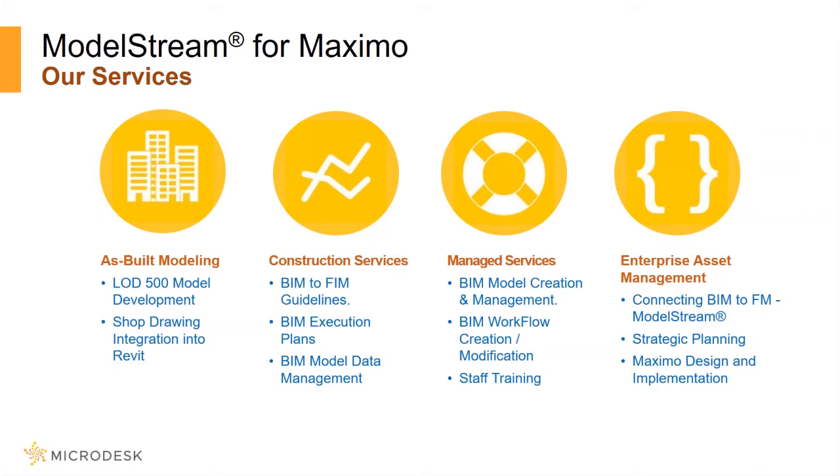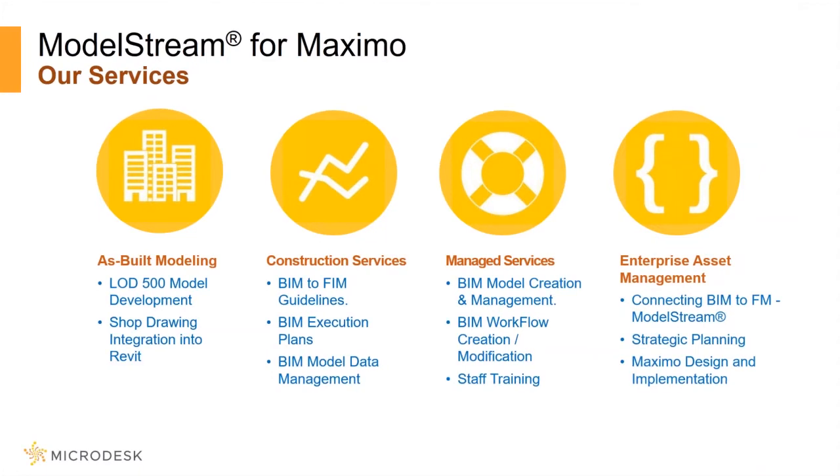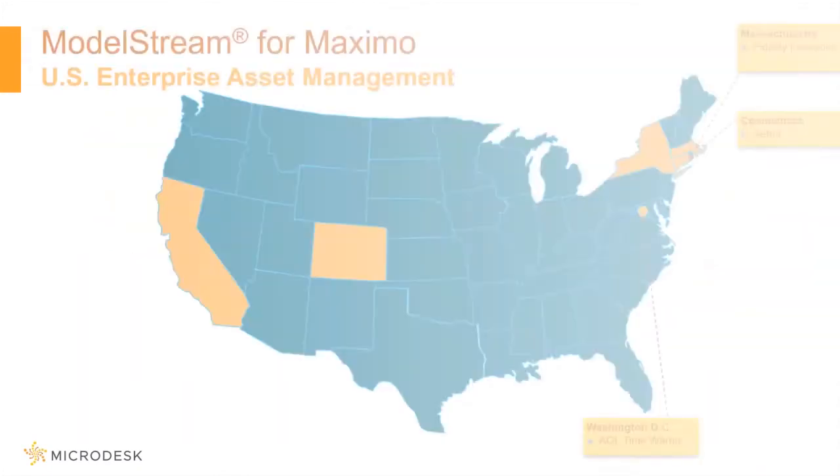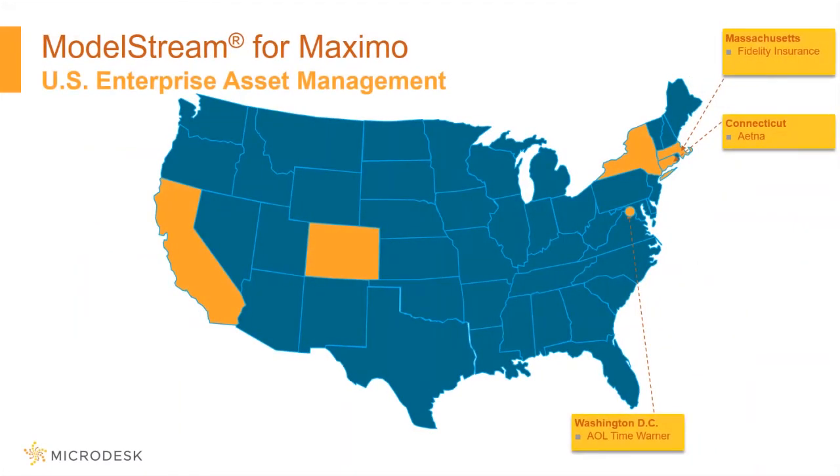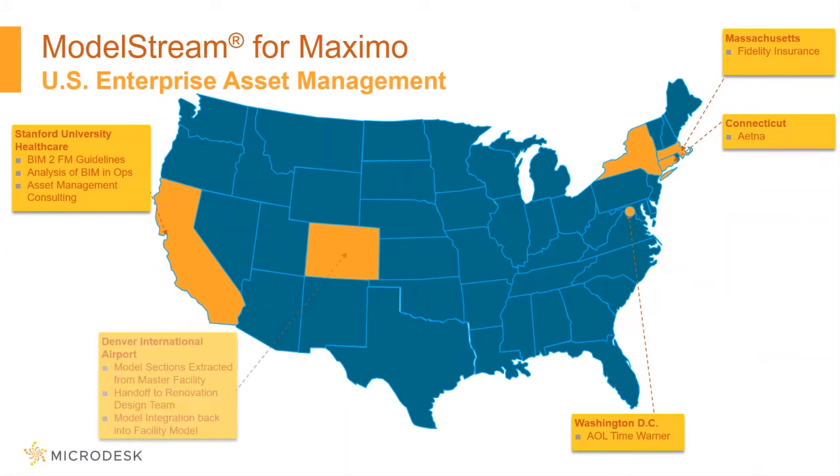We're able to manage the construction information, provide services for BIM model creation, connect the BIM models to the facility management system, help you with strategic planning, and then also do a Maximo system deployment. And Maximo, I'll go through some of the details about what Maximo is shortly.